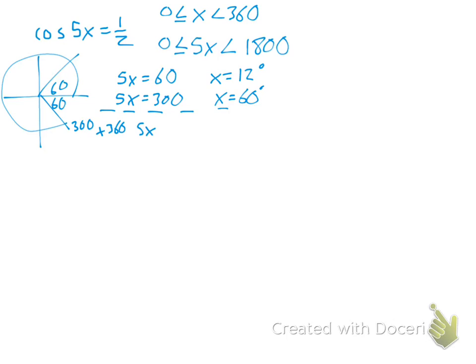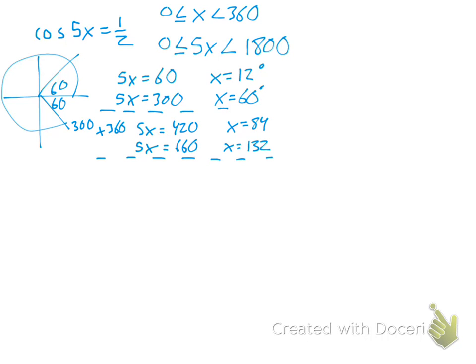So now 5x equals 420. 5x equals 660. Where x equals 84 and 132. That was your first rotation.